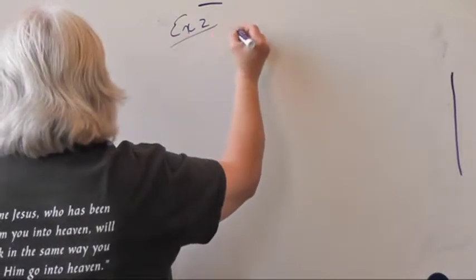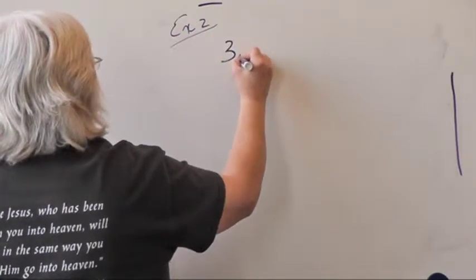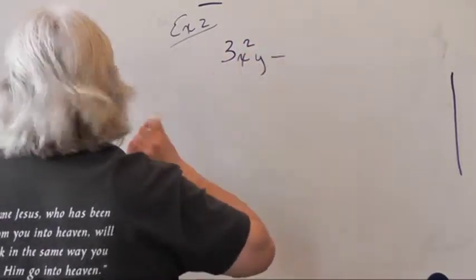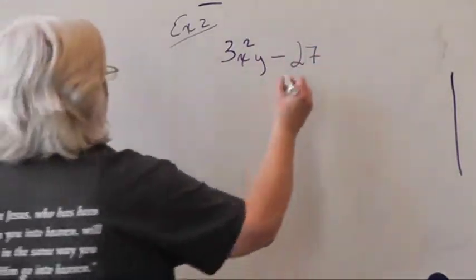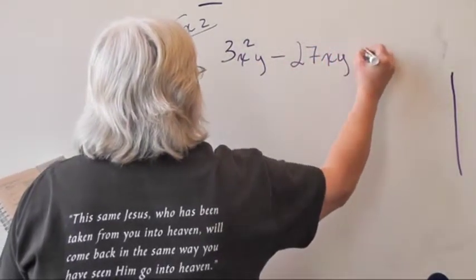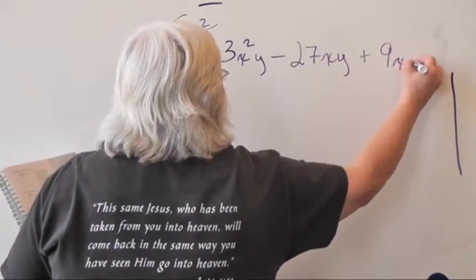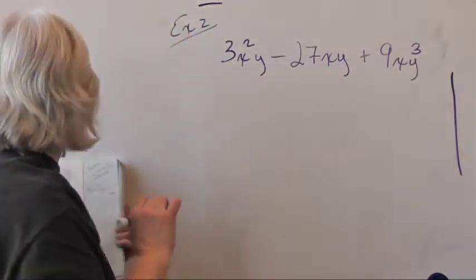Example 2. We're being asked to factor 3x squared y minus 27xy plus 9xy cubed. Okay.